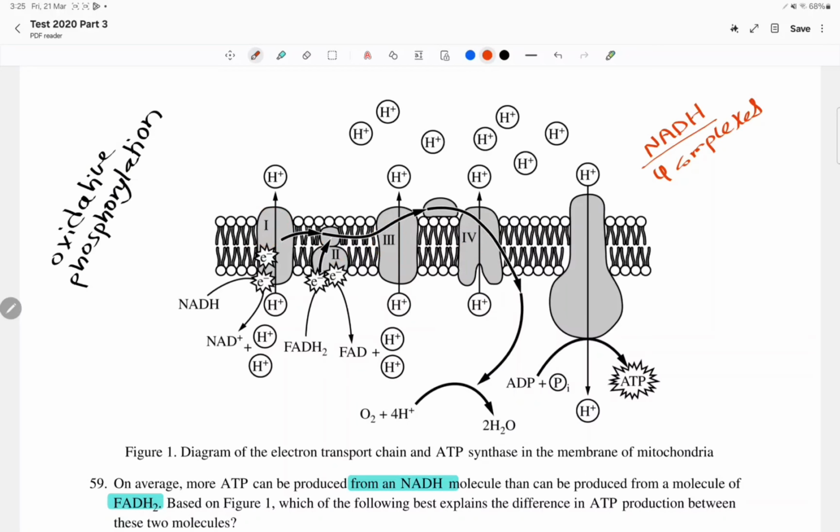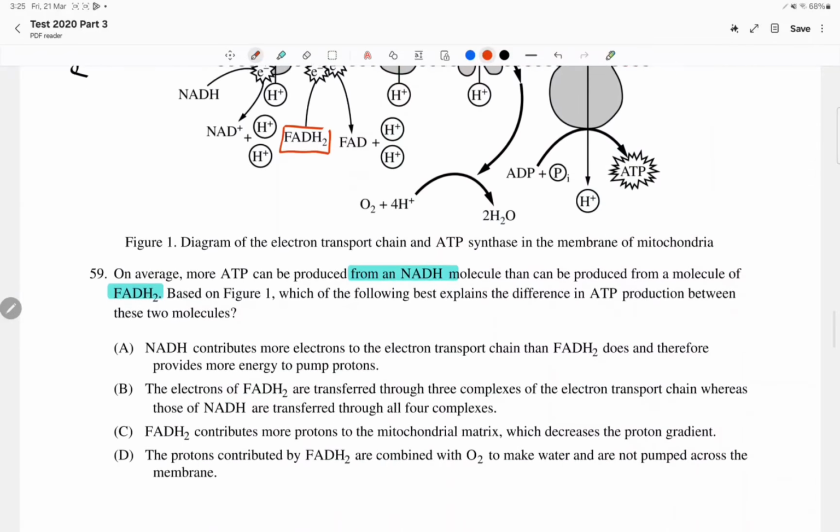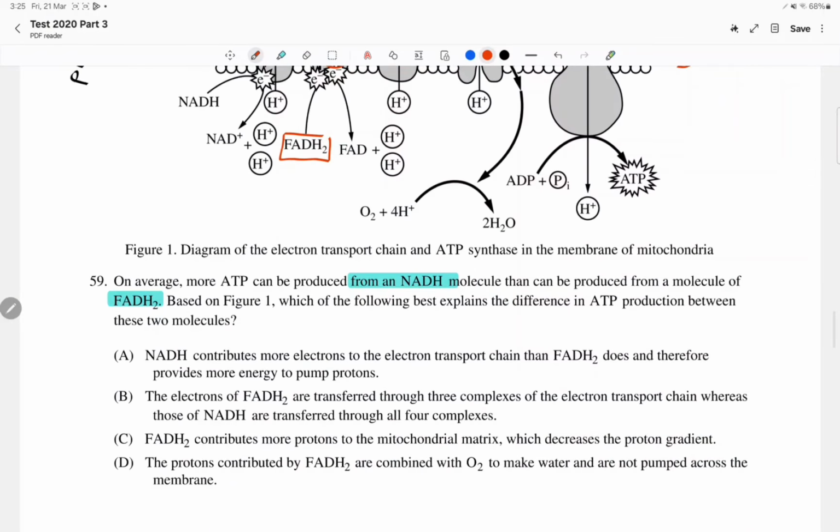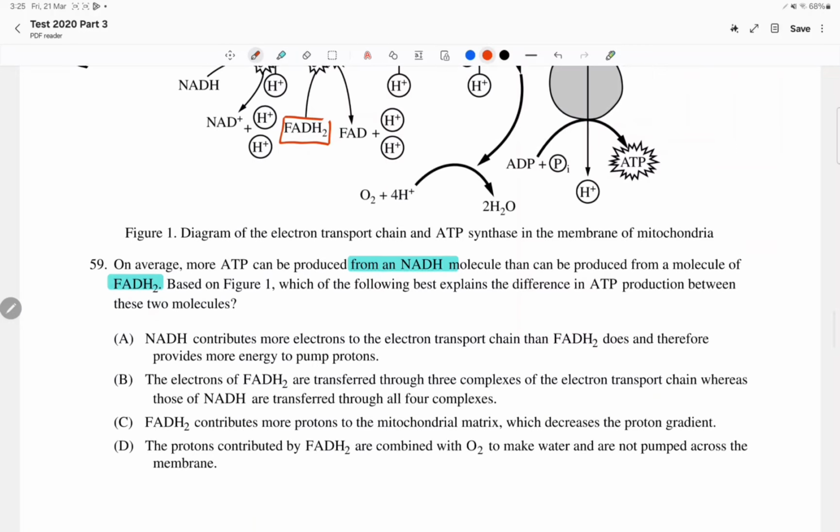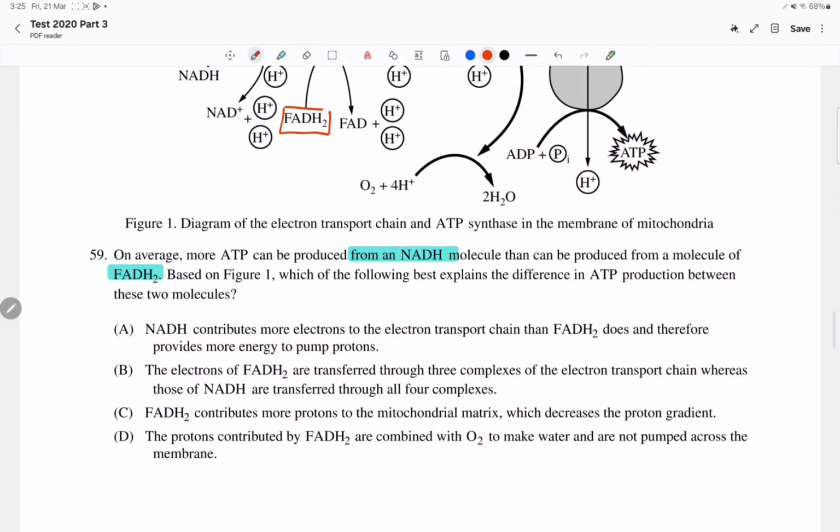But FADH2 has to go through complexes 1, 2, and 3, so FADH2 will go through only 3 complexes. So look for complexes. If we have B, B.